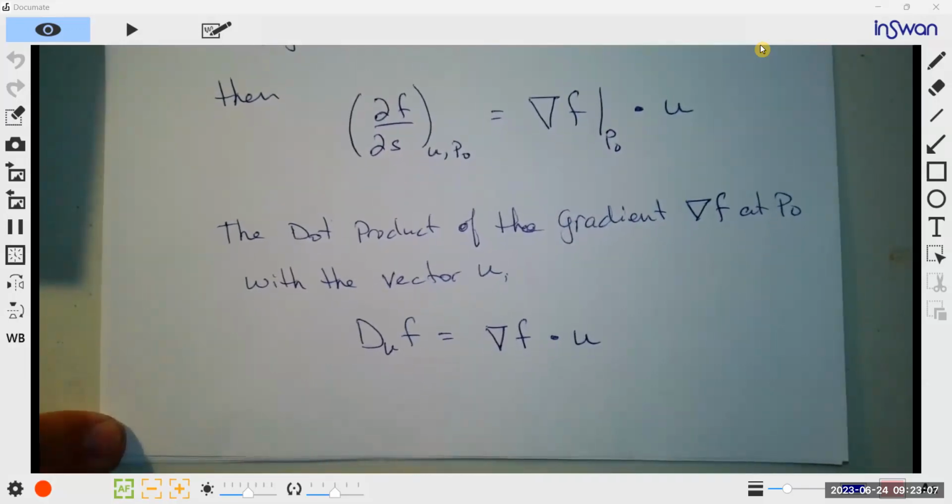All right, so what we're saying here is that a derivative is actually a dot product of the gradient vector, or the gradient of f, times the unit vector.